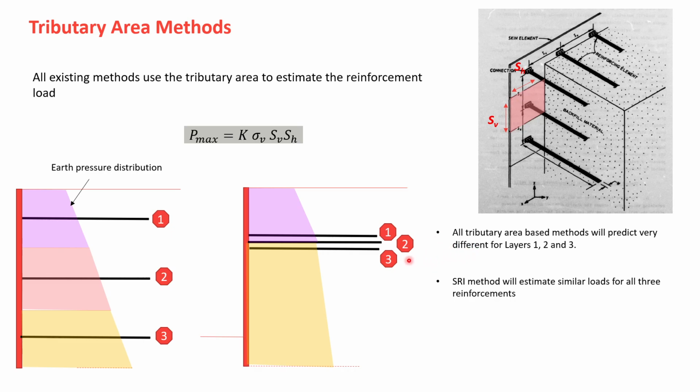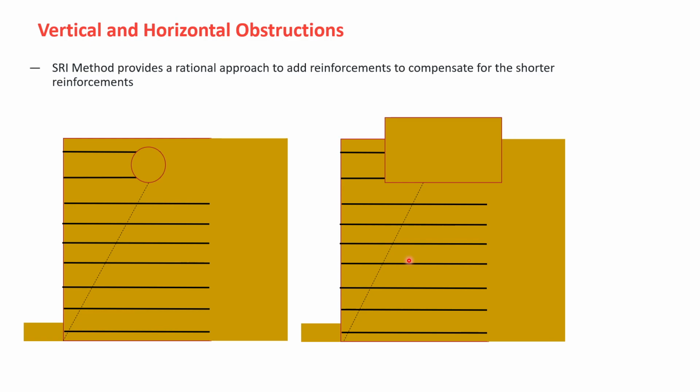There are some practical implications as well for that issue. For example, some of you have dealt with these horizontal and vertical obstructions. FHWA says that, okay, you can put some additional reinforcement to compensate for shorter geogrids or reinforcements.